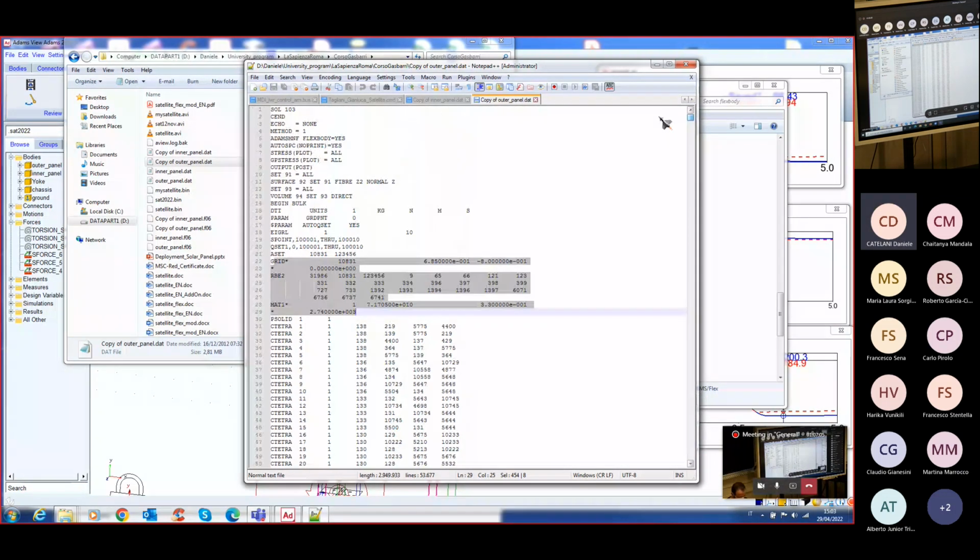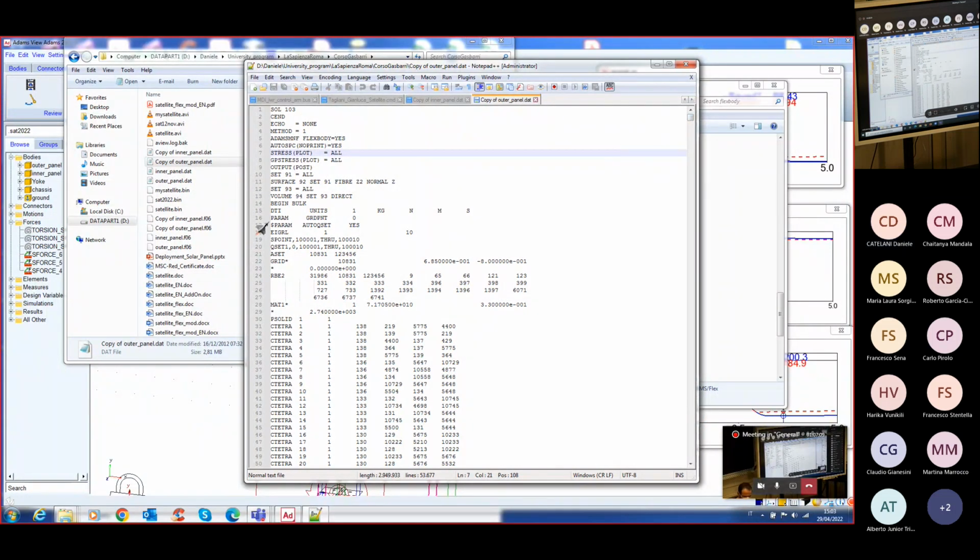Okay, so the Adams part is eigenvalues, interface node, and the statement ADAMS MNF FLEXBODY YES.